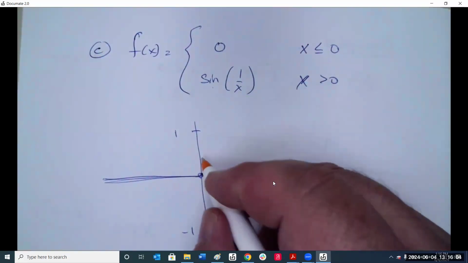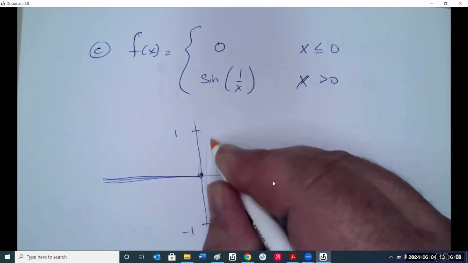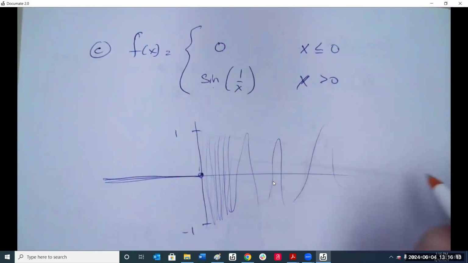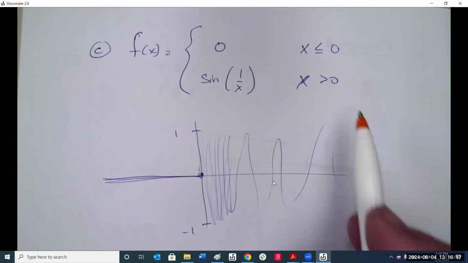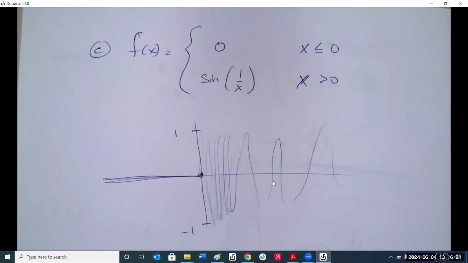It cannot be 0. So with this, the graph is going to be very, very active at first, and then it's going to dampen out. So as x gets bigger, this graph evens out. But at first, the intervals are very, very small.